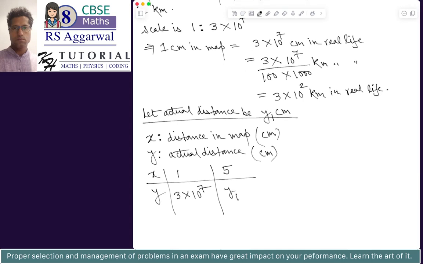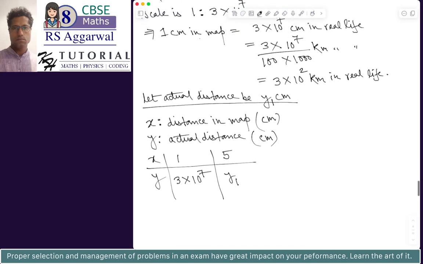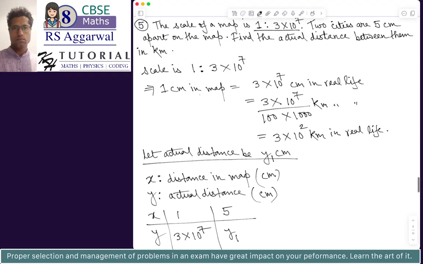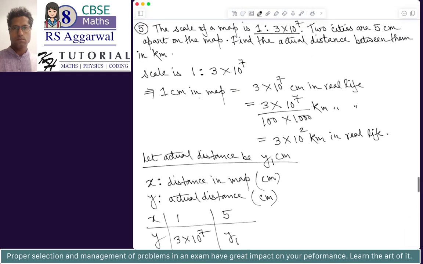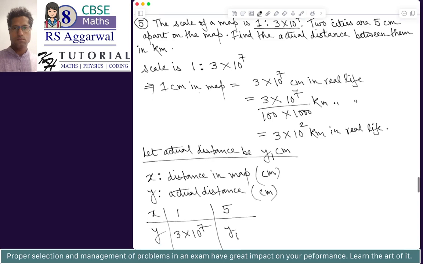So for the second data, we have the value of x as 5 centimeter and the value of y as y1 centimeter, and y1 centimeter is as per our assumption, because we have assumed that the actual distance of the two cities is y1 centimeter, whose distance in the map is given to be 5 centimeter.